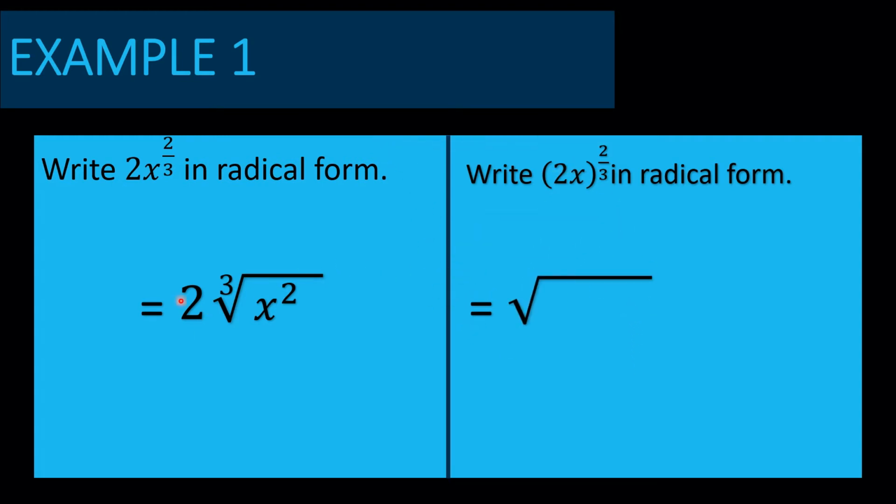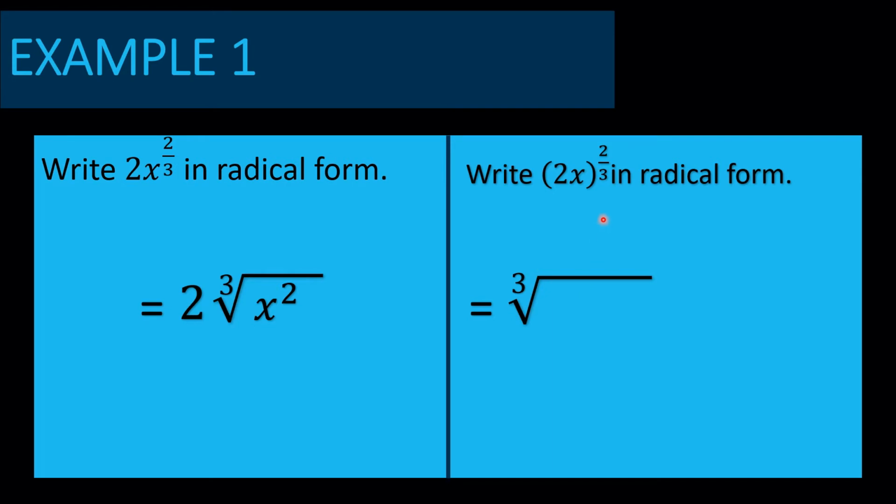Unlike in the first example, 2 is excluded from the radical form because it is not being raised to a rational exponent. But in this case, it's very clear because you have that parenthesis, meaning the whole of this is being raised to 2/3. So we have a radical sign, and always remember, the denominator will become the index.